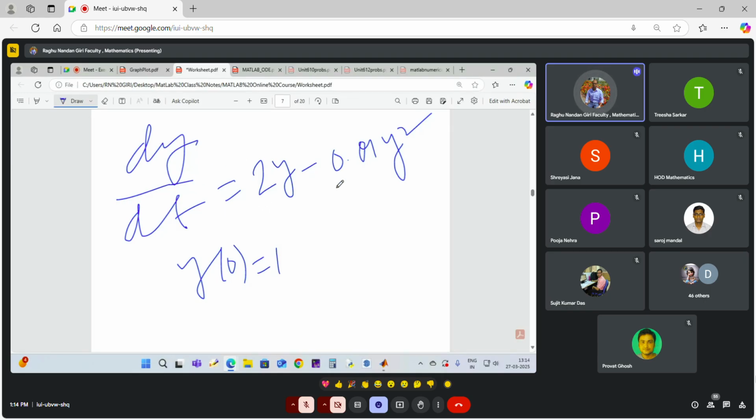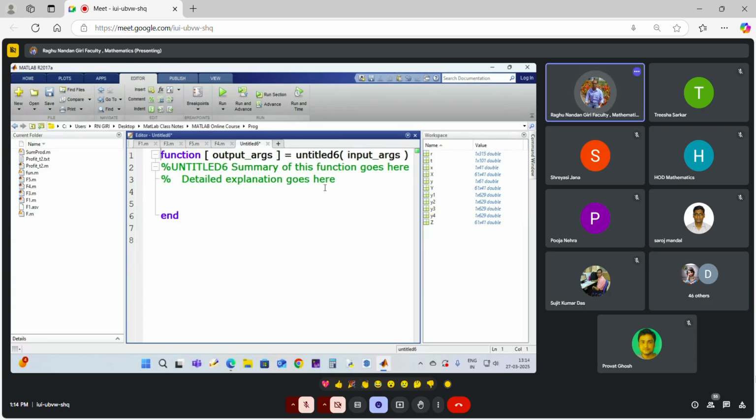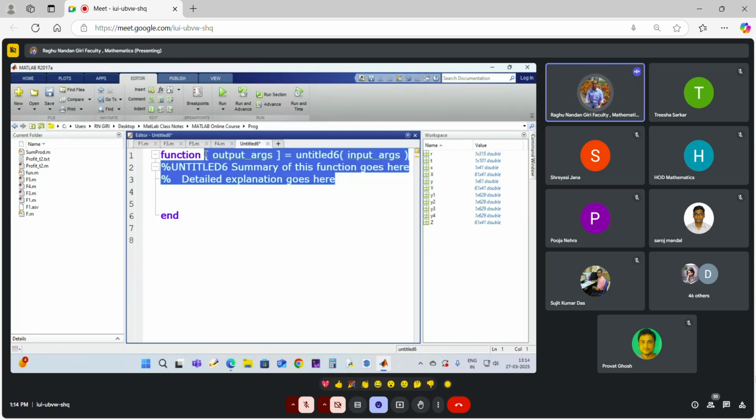This is the first order ODE. I have to define a function for this ODE, then a script file. I will do it in the script in MATLAB. Suppose first I have to define a function. So this is the function.